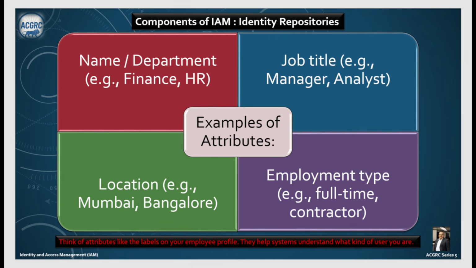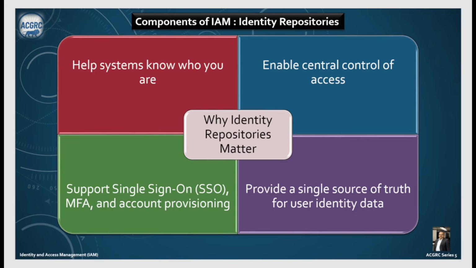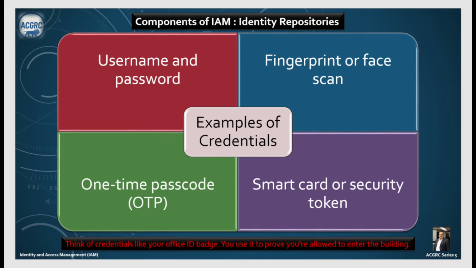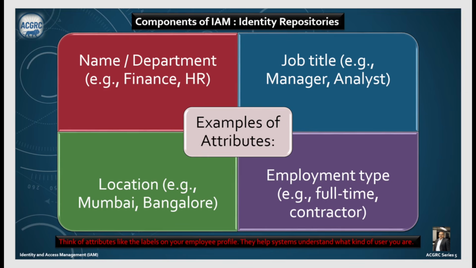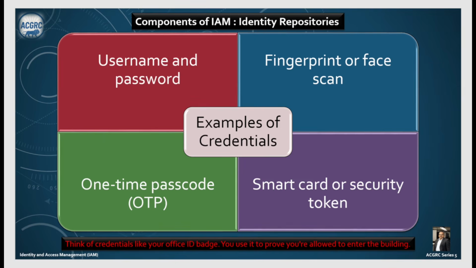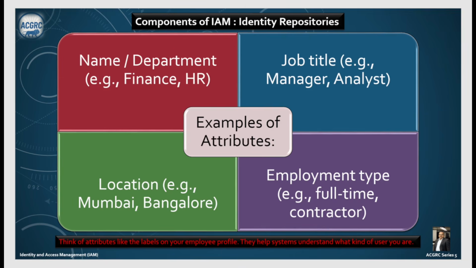So those are attributes. This is credentials, and now we are on attributes. So the difference is that credentials are you, your individual, and what you have to prove you are. And attributes are the features associated with you.